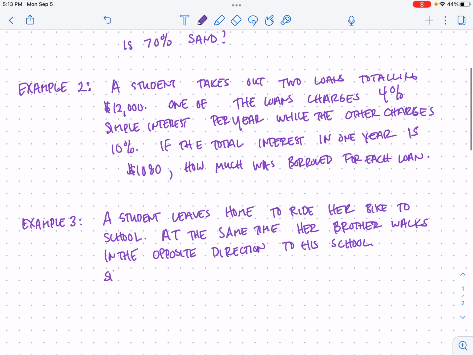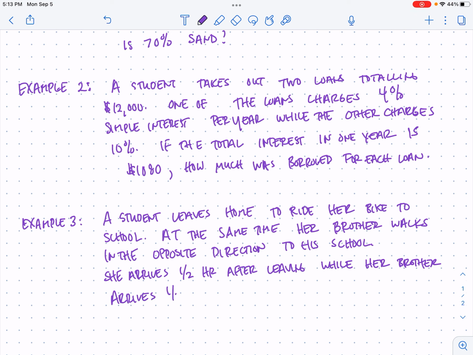She arrives 30 minutes after leaving, or let's say, for the sake of simplicity, a half hour after leaving, while her brother arrives 1/3 of an hour after leaving.